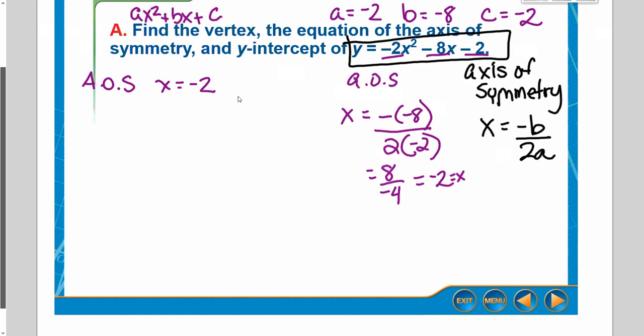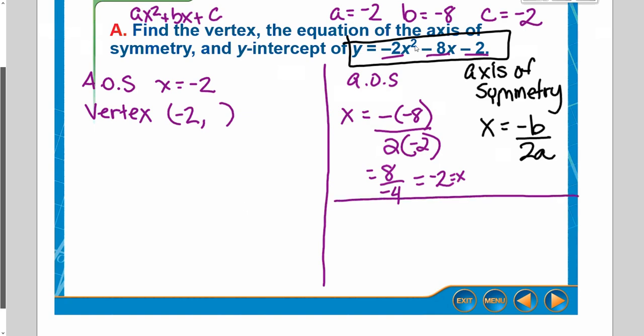So that actually tells me about another part we need to find. It's actually part of the vertex, remember? Because the axis of symmetry goes through the vertex. So if we know that x is equal to -2, where am I going to put my -2? Where x should go, right? So now I'm going to create another little section right here. I'm going to plug it in and calculate what y is. So I've got y is equal to -2x squared minus 8x minus 2.